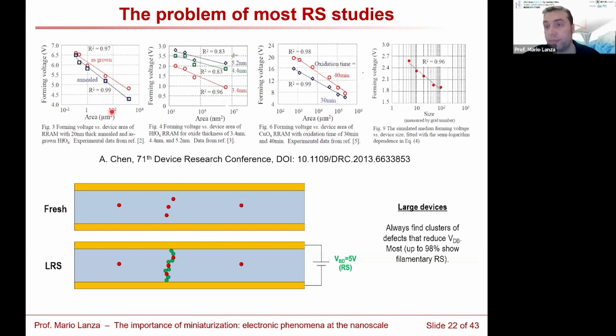First of all, there are a lot of papers that say that when you make the device smaller, the dielectric breakdown voltage increases a lot. And this can be seen, for example, in metal oxides. You have a metal oxide, and you make a large device, you put it between two electrodes. This metal oxide will have some native defects.